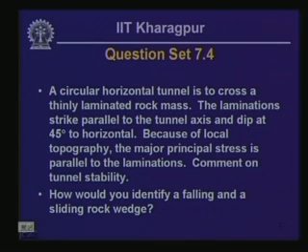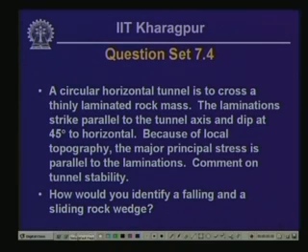You are asked to comment on tunnel stability. Now, this problem is quite similar to the Nathpa-Jhakri headrace tunnel that we discussed when we were talking about geologic considerations of tunnels in the previous lesson.